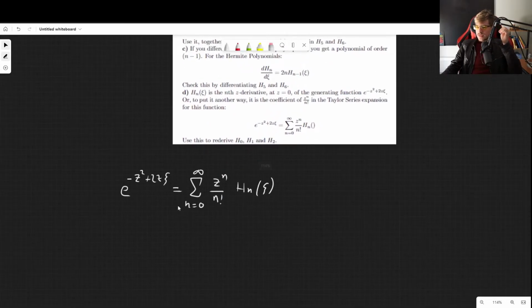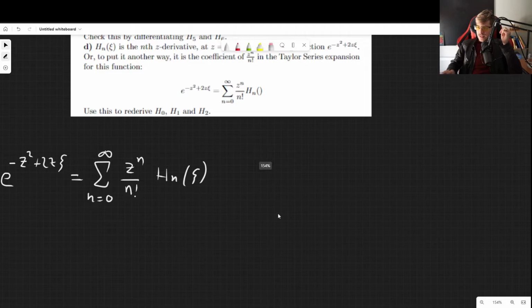Now let's write out the right-hand side explicitly. And we can write this part explicitly. So when n is equal to 0, we have z to the 0th power, the 0th order Hermite polynomial, and 0 factorial, which is 1. So we get simply h0.